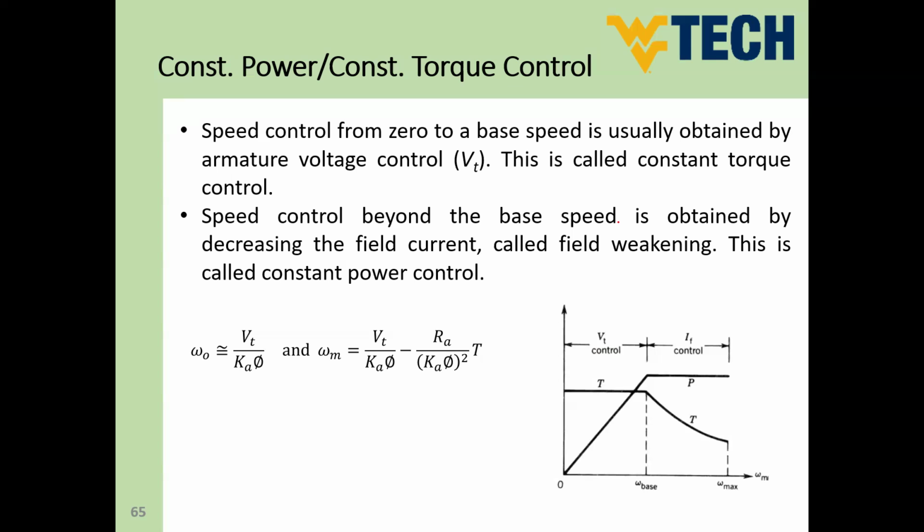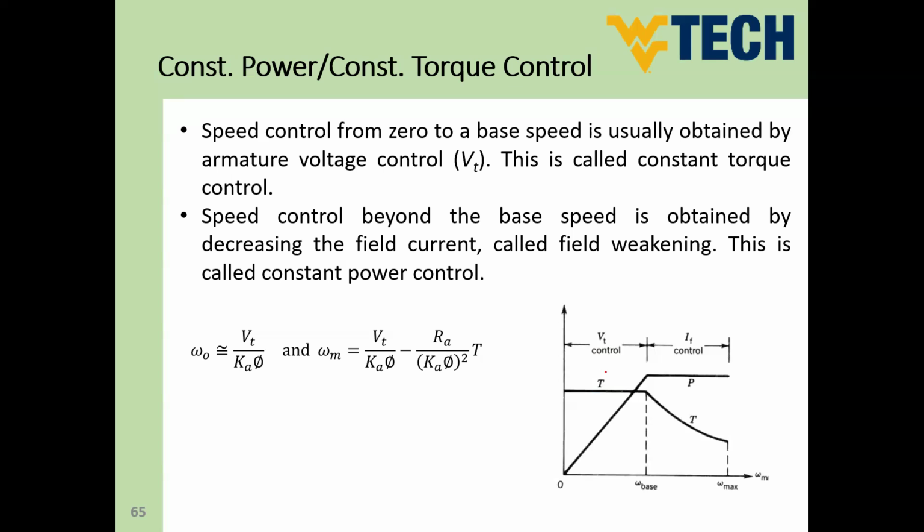So how can we do that? Speed control from 0 to base speed is usually obtained by armature voltage control. So you can make armature voltage control in order to keep your torque constant. And keeping torque constant means the armature current is constant. Okay, guys?